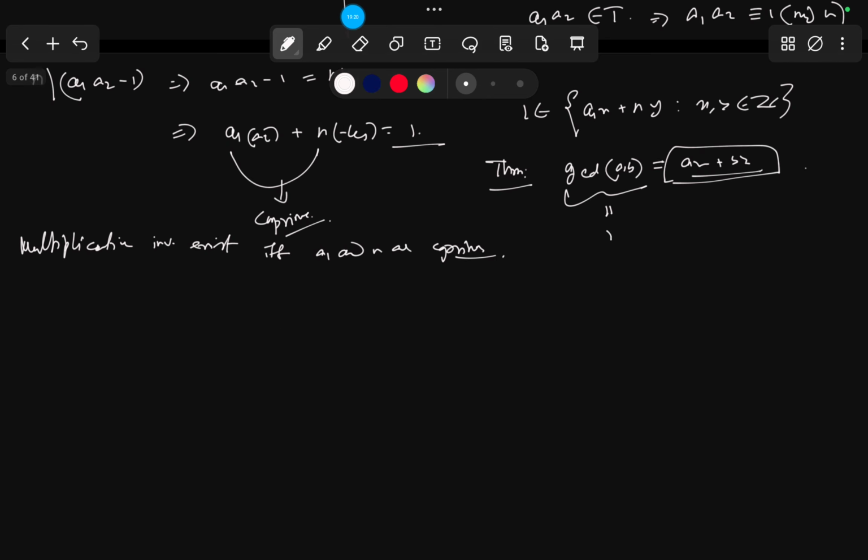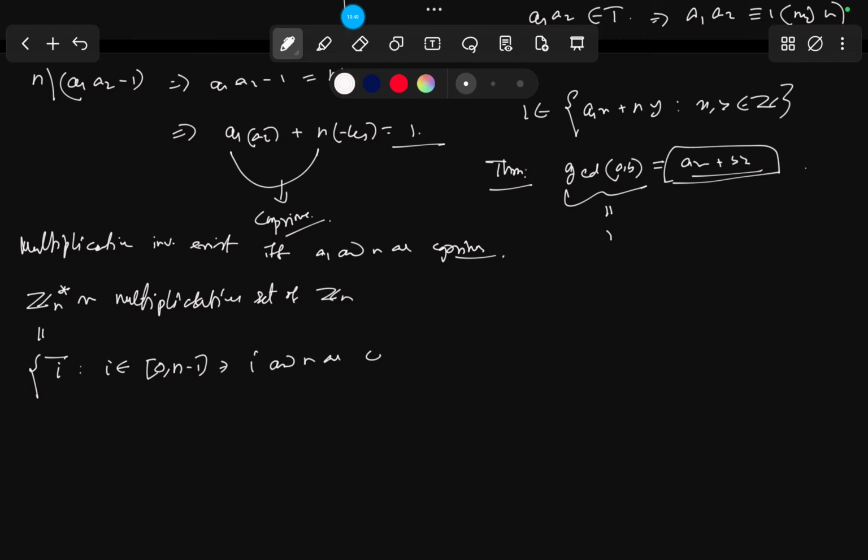That's why we need to shrink the set towards something called Z mod nZ star. It is the multiplicative set of Z mod nZ that consists of all i bars such that i belongs to 0 to n minus 1 with i and n co-prime.